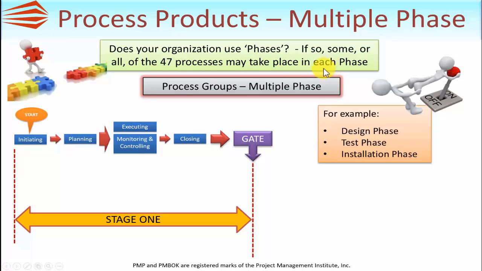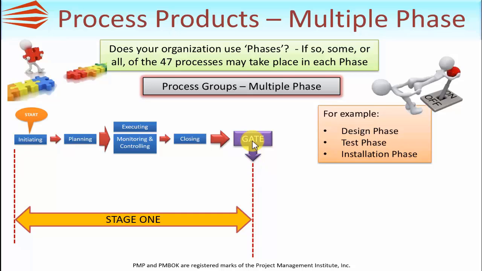Here I've called it stage 1, just to show that it could be a phase or a stage. At the end of stage 1, typically, you would have what I've called a gate. It's normally a management review to agree that stage 1 is complete, the products or services have been created, are satisfactory, and now you're seeking authorization from management to proceed to the next stage.